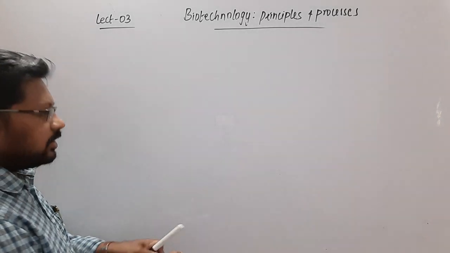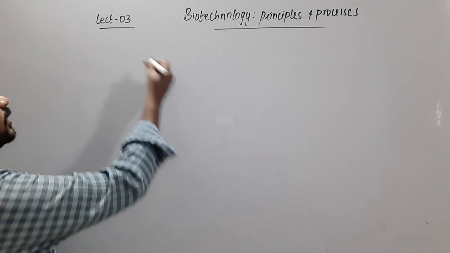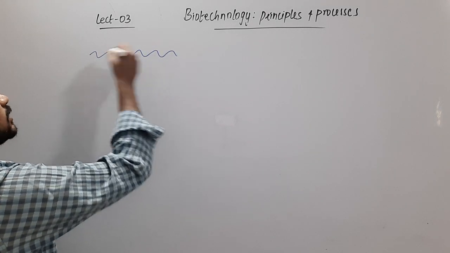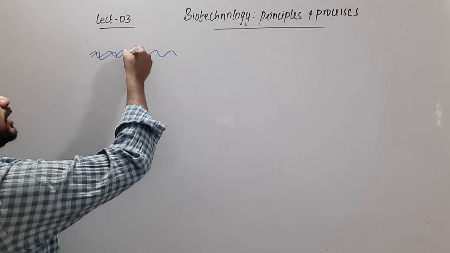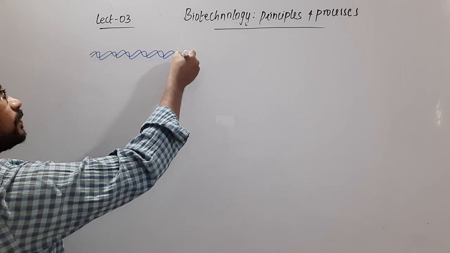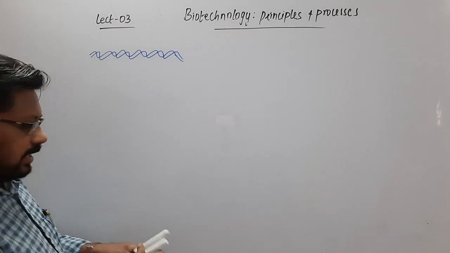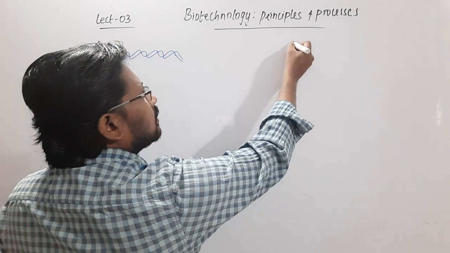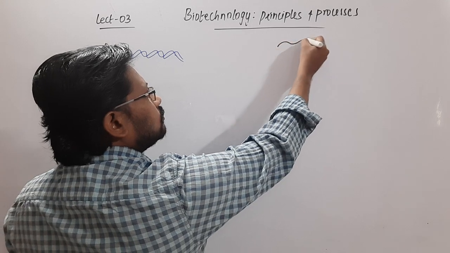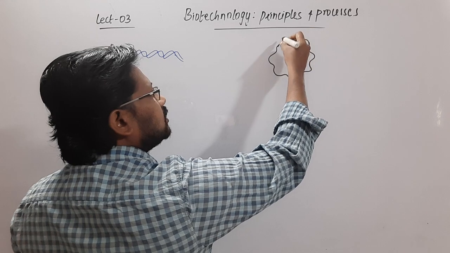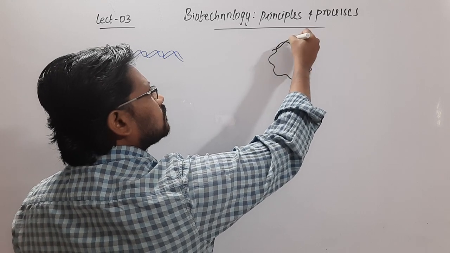In the last session, I told you that after isolating, we need to isolate the DNA from the source organism, and then we need to join this gene of interest.